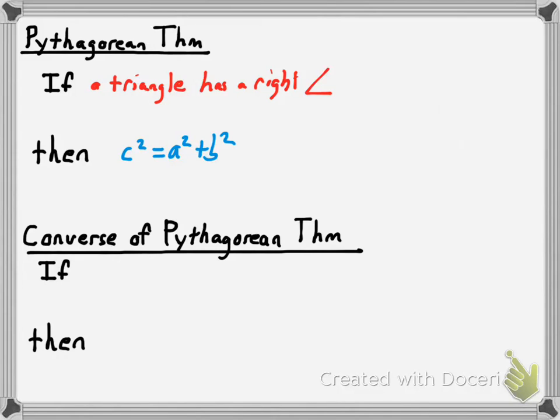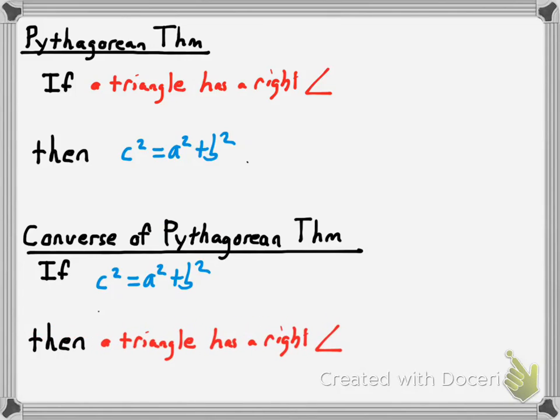Well, remember, whenever you're trying to write the converse of a statement, you simply switch the hypothesis with the conclusion. And so what that would mean is this. The converse of the Pythagorean theorem would say that if c squared equals a squared plus b squared, then a triangle has a right angle.